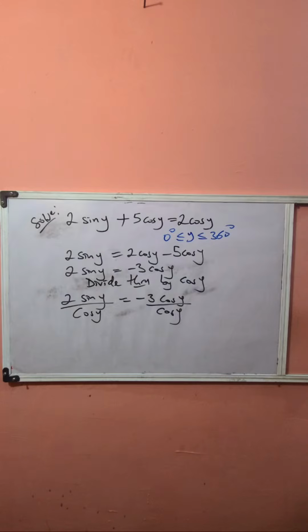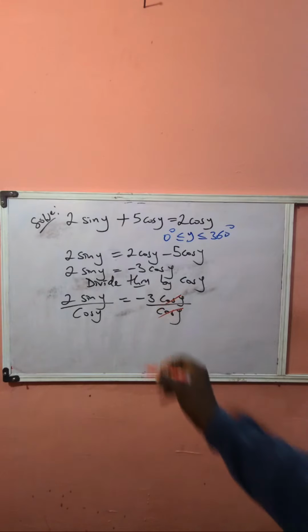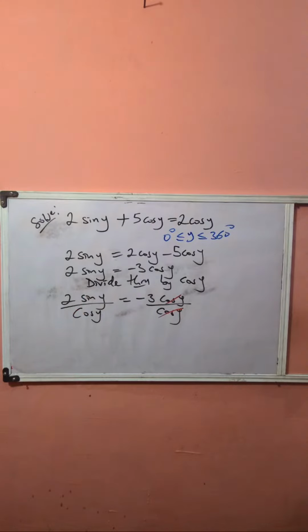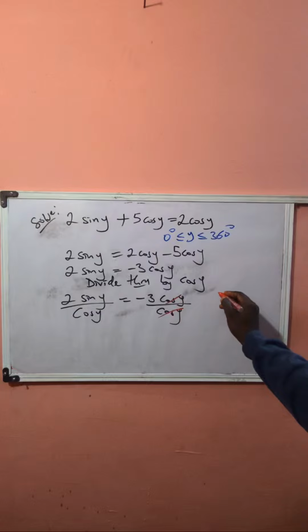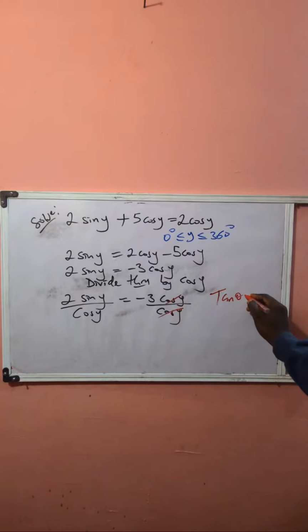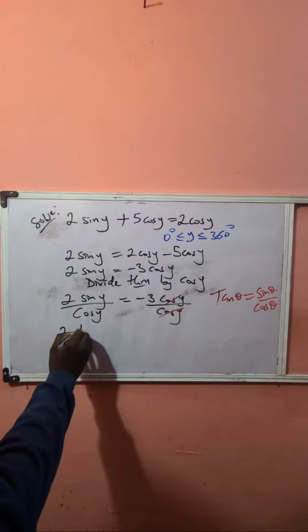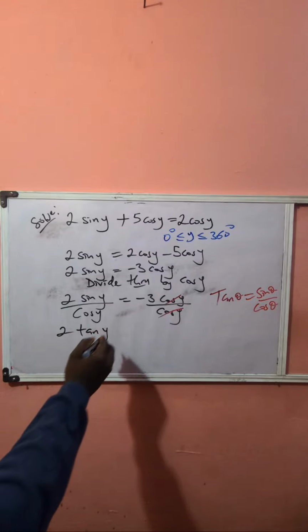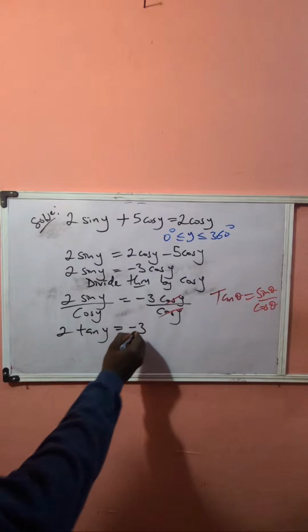Of course, this cos will cancel this cos, but this cos cannot cancel this sine. But what is sine y over cos y? Don't forget the identity that told us that the tan of any angle is equal to the sine of that angle over the cos of that angle. So obviously, sine y over cos y will give me 2 tan y, and that will be equals to minus 3.